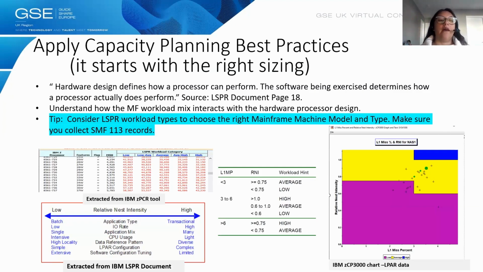But under LSPR, you have not only one table or only one value per mainframe hardware and processor model and type. You have more than one capacity value for each processor model and type. And why is that? It's because it depends on the workload that you're running on this mainframe hardware, right? Depending on how this workload mix exercises this hardware, or how much this workload mix goes to the nest.